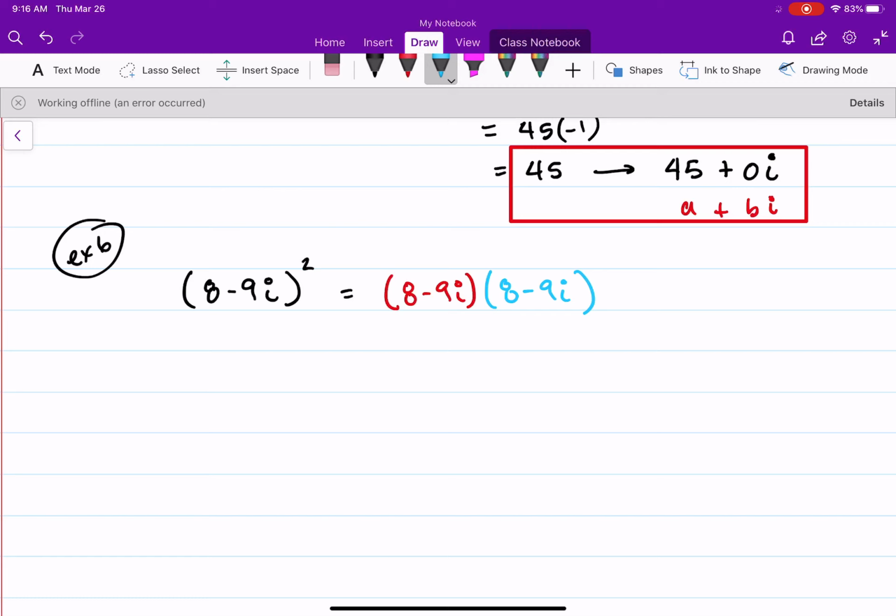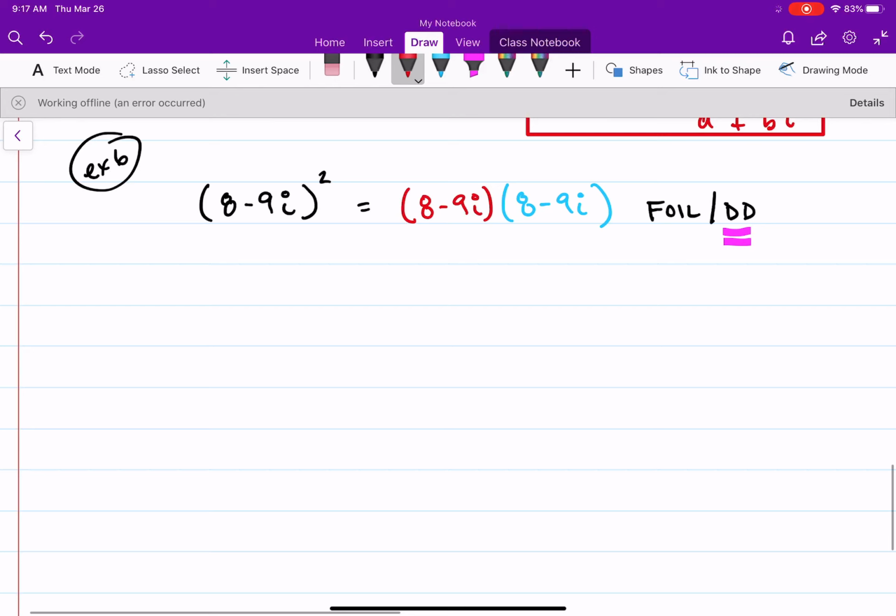Well, in order to multiply these two, I need to either FOIL or double distribute. I would prefer to double distribute. Why? Because it's easier to see everything, especially with radicals and with complex numbers. Okay, so if I double distribute, it's going to look something like this.